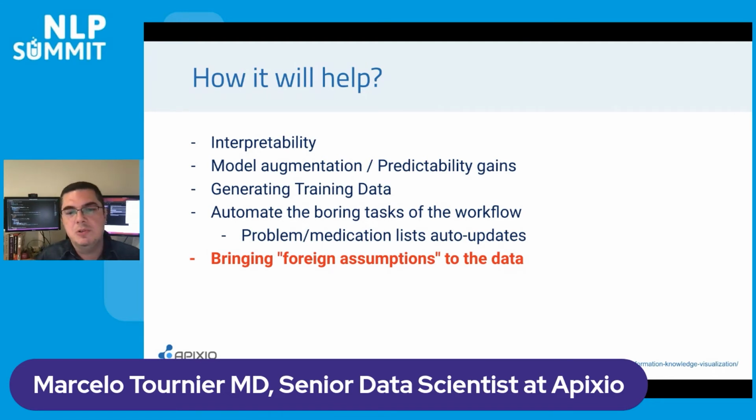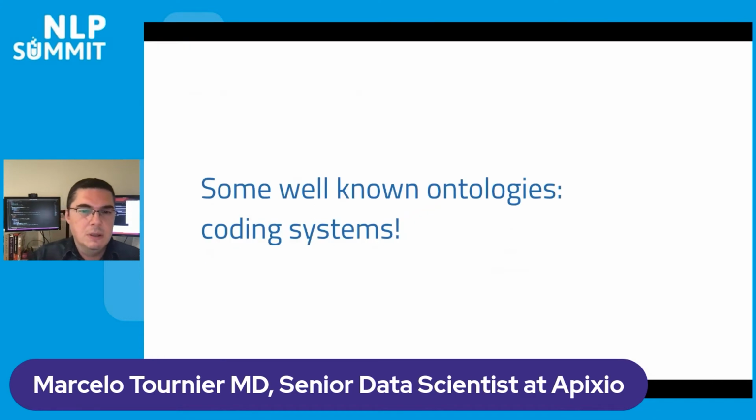These foreign assumptions can show you some insights into how these patients, or if these patients, can have some kind of underlying condition that's unexplored. And that's one of the exciting uses for knowledge graphs in the field.